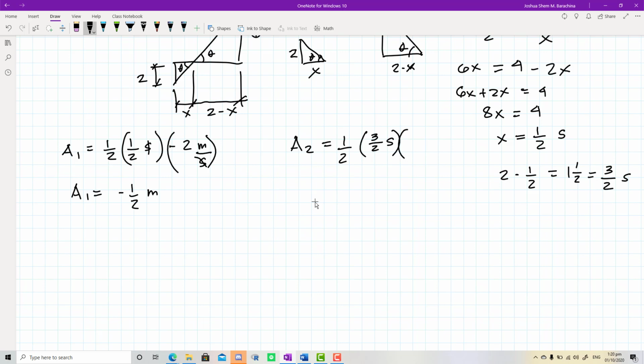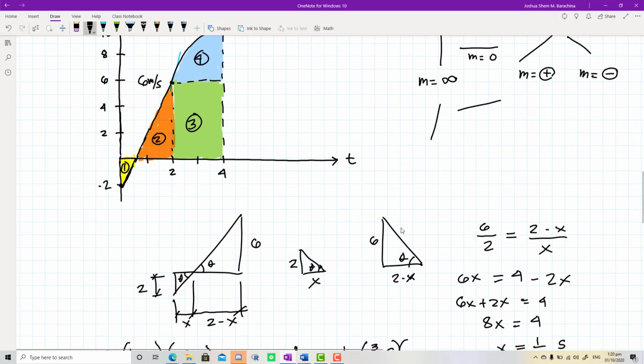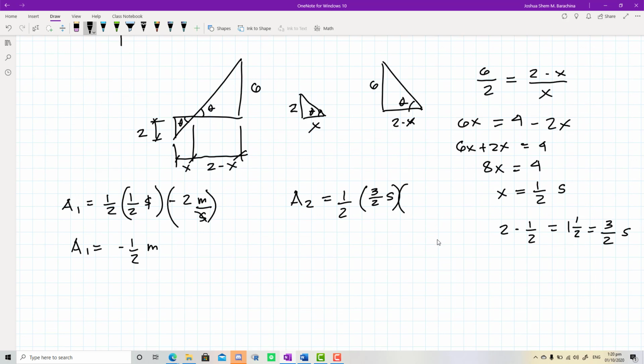The height is positive 6 meters per second. The second will cancel. Leaving you with meters.